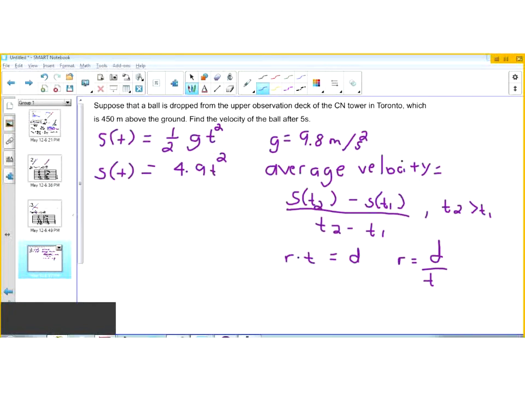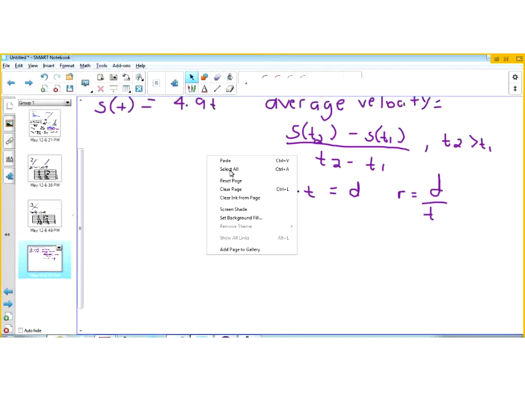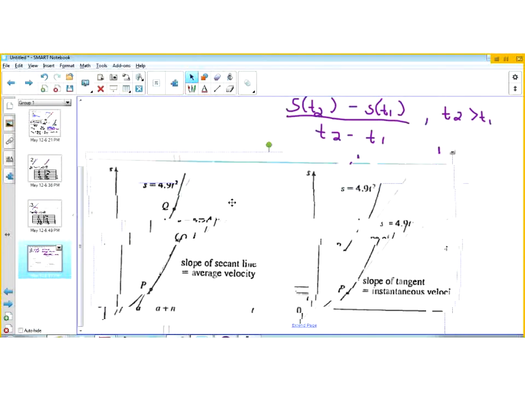Let me pull up another graph for you. So let's consider this graph.